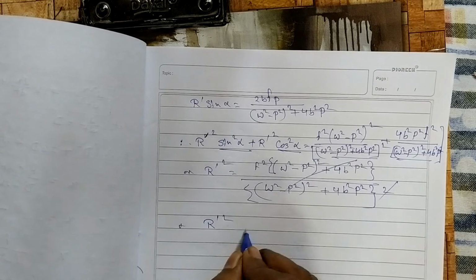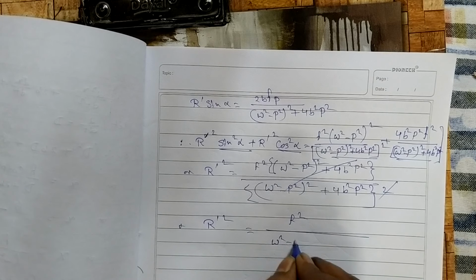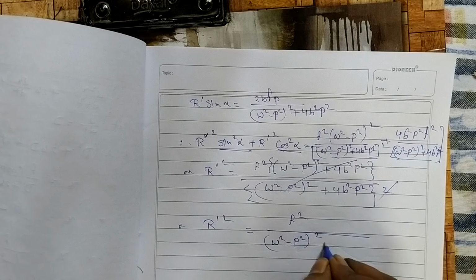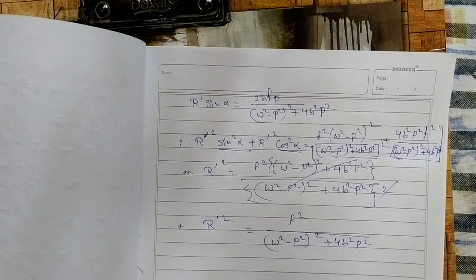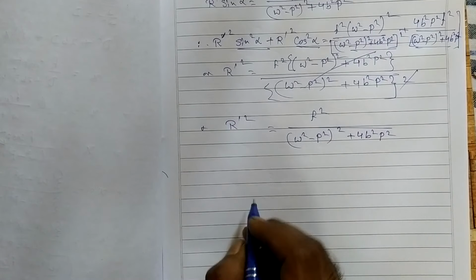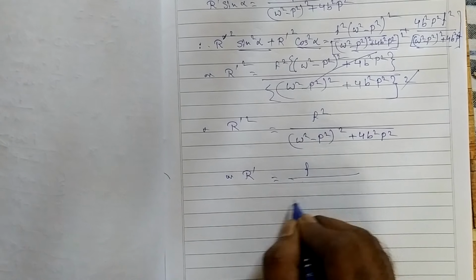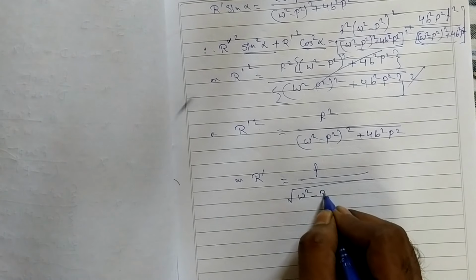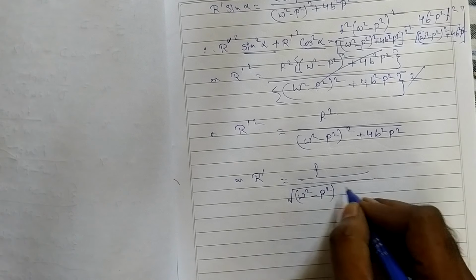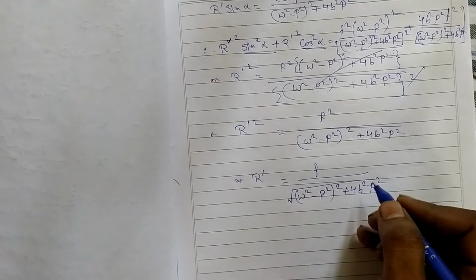Then r dash square is equal to f square by ((omega square minus p square) whole square plus 4b square p square). So obviously r dash is equal to f by the root of ((omega square minus p square) whole square plus 4b square p square).